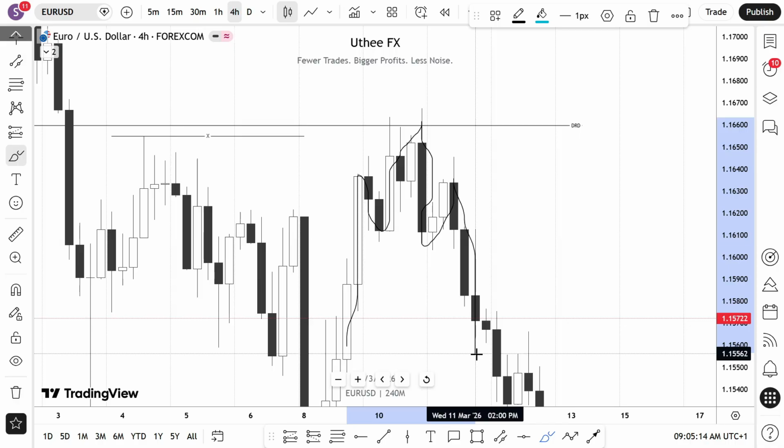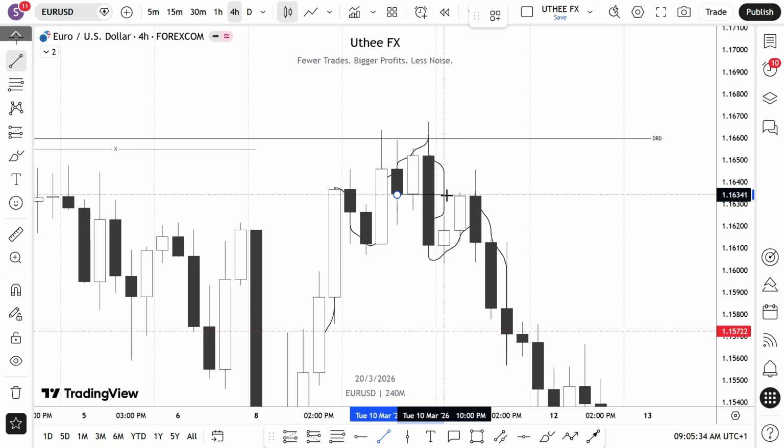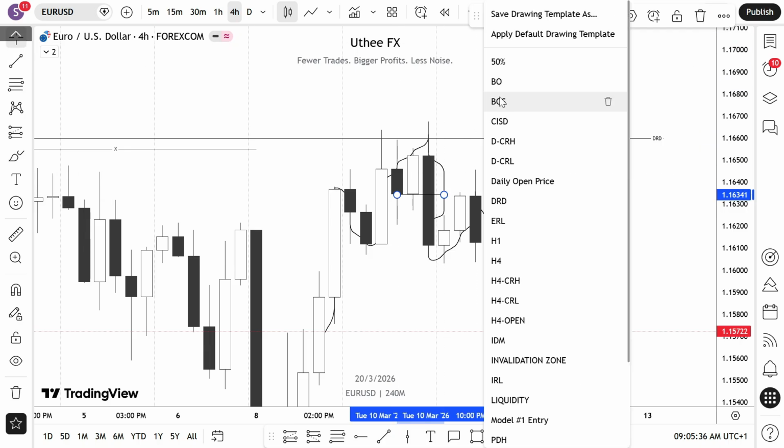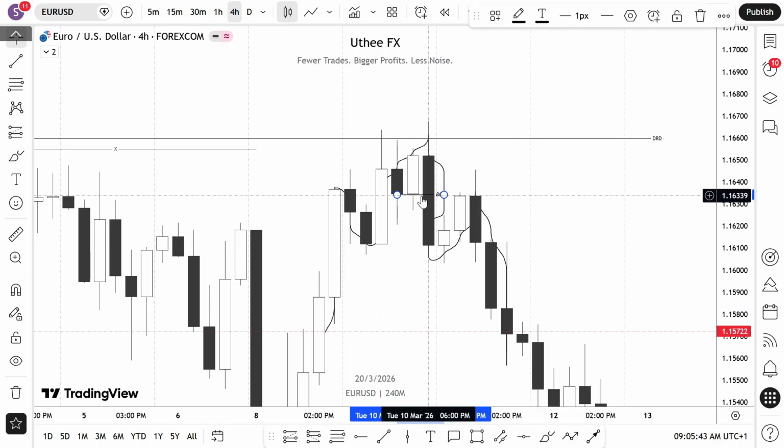If you check it, price was breaking highs until after it hit that key level, then price began to break lows. This is a breakout. This is a breakout. You understand? This is also a breakout. This is a breakout.